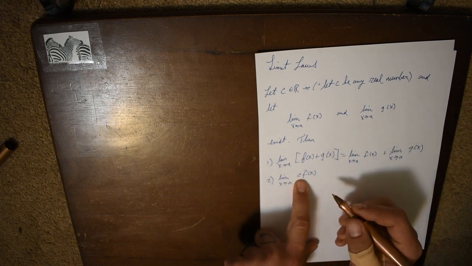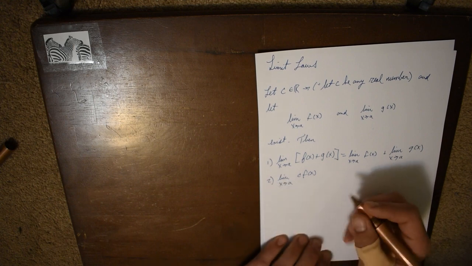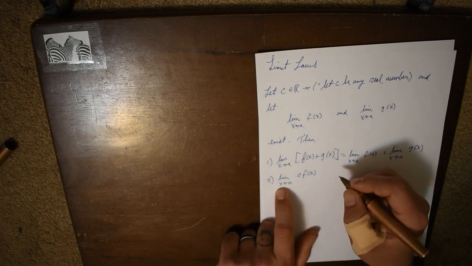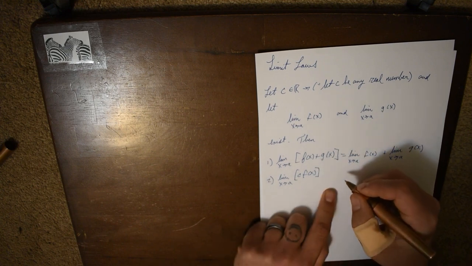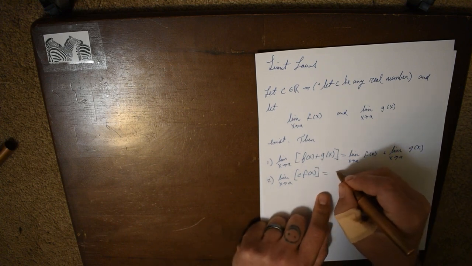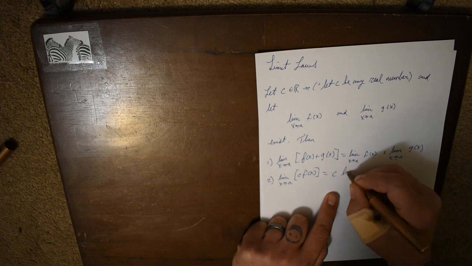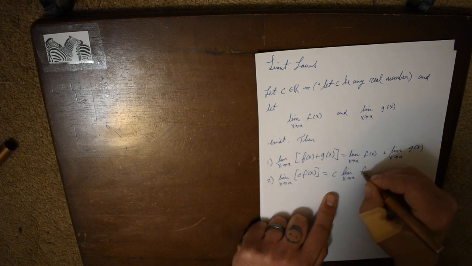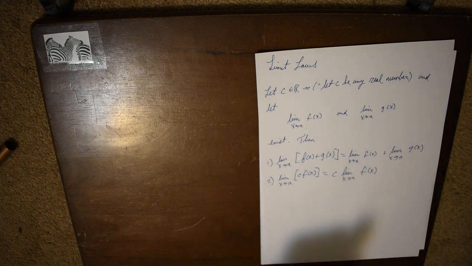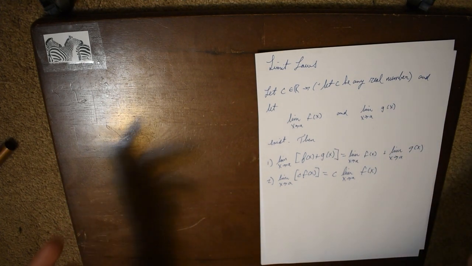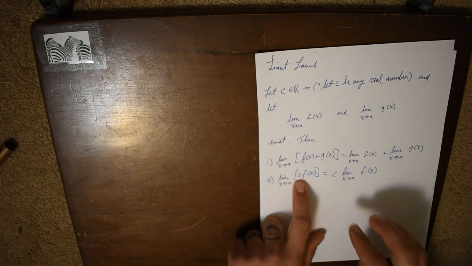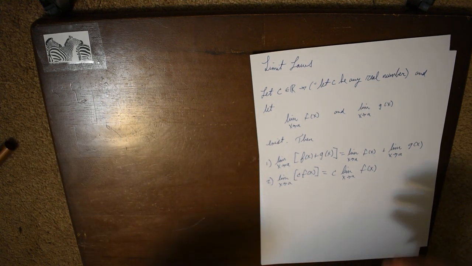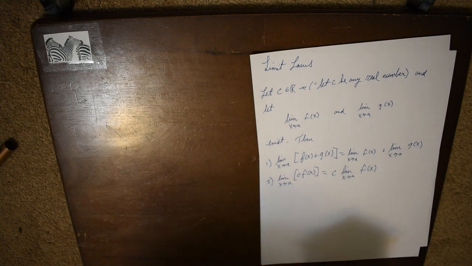So that means constants we can pull out in front of limits. So the limit of a constant times some function of x is equal to that constant times the limit as x approaches a of f of x. It's almost like you factored it out, but it's not really factoring. The fact that you can pull something out in front is similar to factoring. It's not truly factoring.